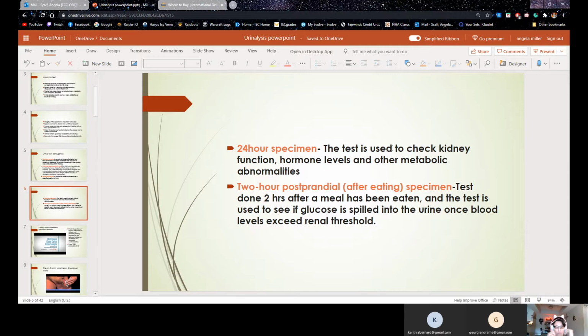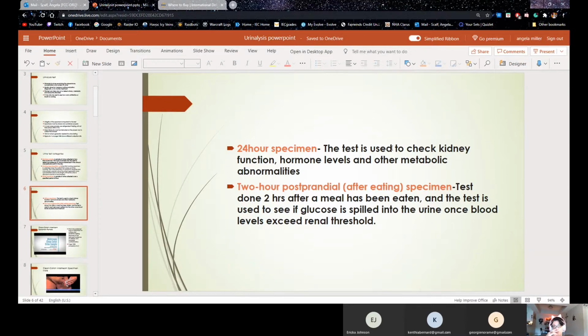The 24-hour urine specimen really helps doctors to be able to see exactly how their body's filtering and maintaining its homeostasis, its pH, and so forth over a 24-hour period.